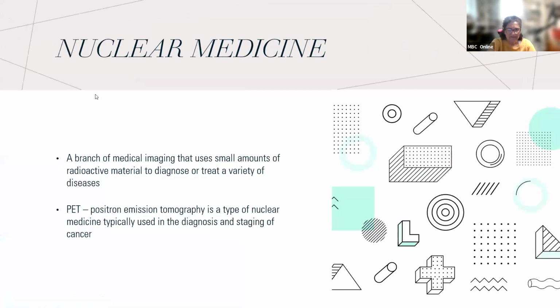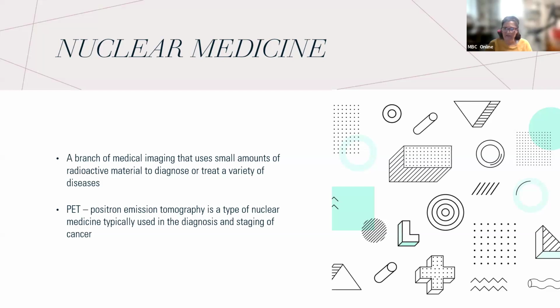Nuclear medicine. This is a branch of medical imaging. It uses small amounts of radioactive material to diagnose or treat a variety of diseases. An example of that is PET, which is positron emission tomography.